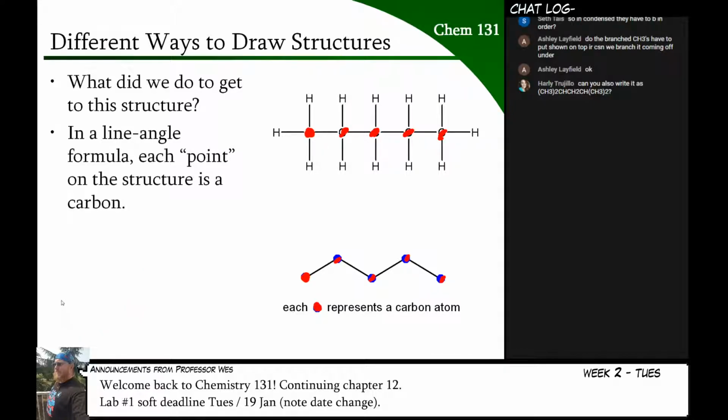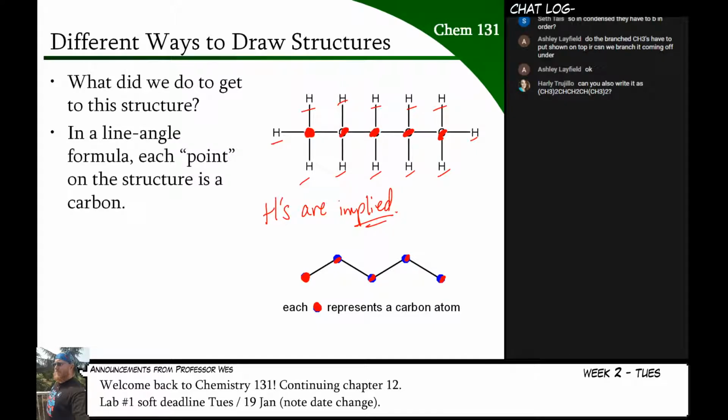Then the next thing I'm going to do is I'm going to say, okay, all of these H's, H is sort of our fill-in atom, right? Whenever we need an octet, we can count on H to do that. And so what we would say is that H's are implied.